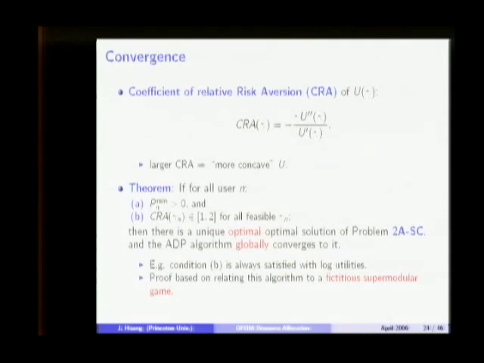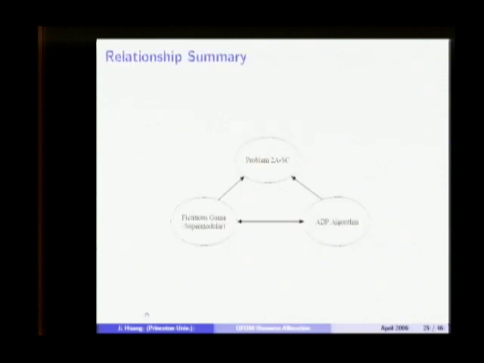The proof of this result is based on relating this ADP algorithm to a fictitious supermodular game, as I promised. There are three entities in this case: the network utility maximization problem that we want to solve, the ADP algorithm that we propose, and a fictitious game that we constructed for the proof. What are the relationships between these three entities? First, we can show that the KKT points of this problem correspond to the fixed points of this algorithm, which by construction correspond to Nash equilibria of this game.